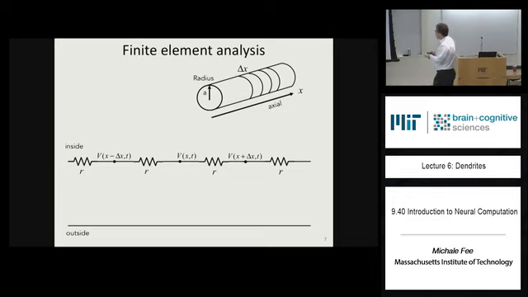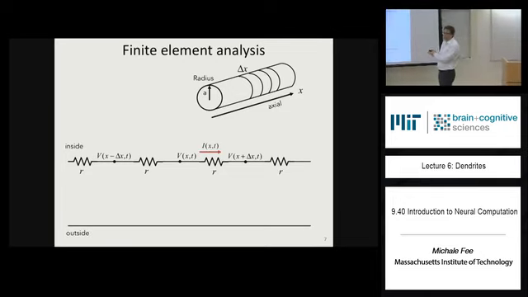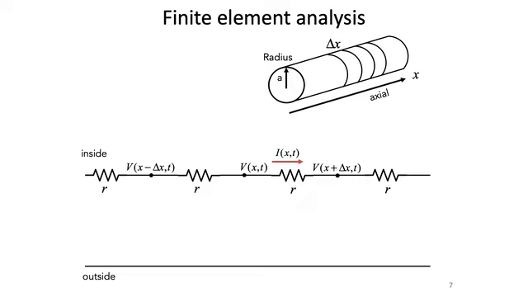Now we can also write down the current that goes axially through that slice of our dendrite. We're going to call that I of x and t, and we can write down also the current in every other slice of the dendrite, I of x minus delta x and t.